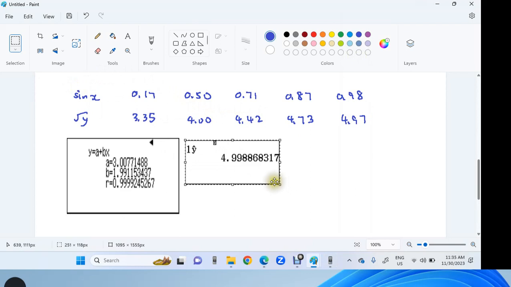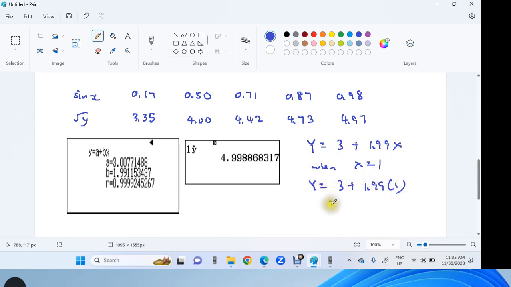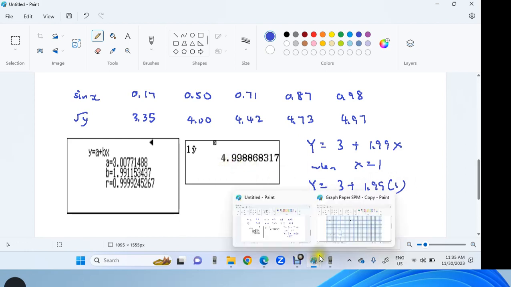What this means is y equal to 3 plus 1.99x. So when x equal to 1, y equal to 3 plus 1.99 times 1, which becomes 4.99. Actually it's 5.